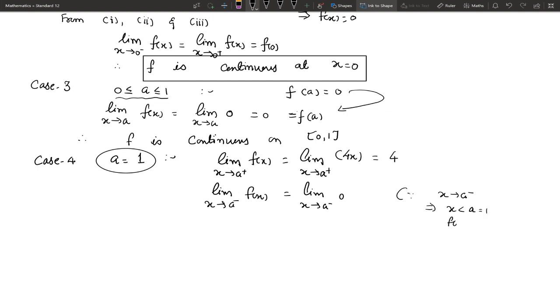So value of the function from the definition, it is 0. This is for our understanding. So equal to 0, this is not equal to 4.